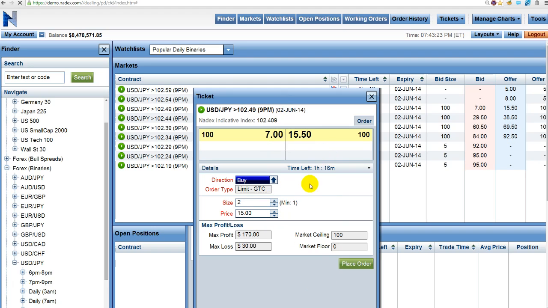Now, what happens if it goes... That's just going to be the price changing. Now, if I'm looking at an actual chart, okay, and let's just say the US yen goes way against me. Like right now it's at 102.40. Let's say it goes down to 102.20. What's the most I can lose on this trade? Yeah, $15.